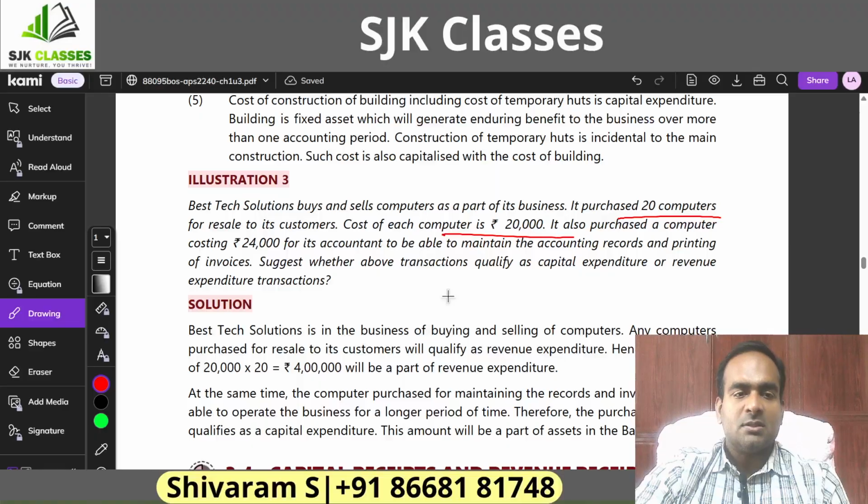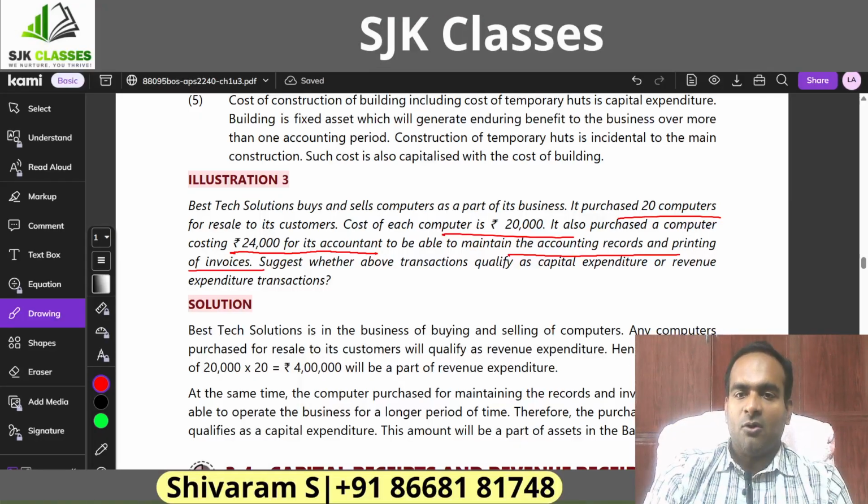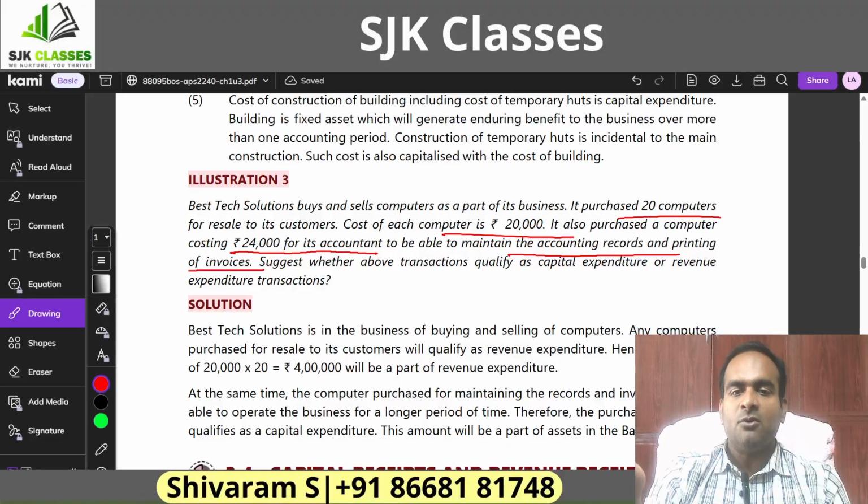And what about this computer? The computer is purchased for the accountant to be able to maintain the accounting records and printing of invoices. So for running the business, I need an accountant. For him to function properly, he needs an asset. So this 24,000 computer will be called a capital expenditure, because without this he can't function properly.